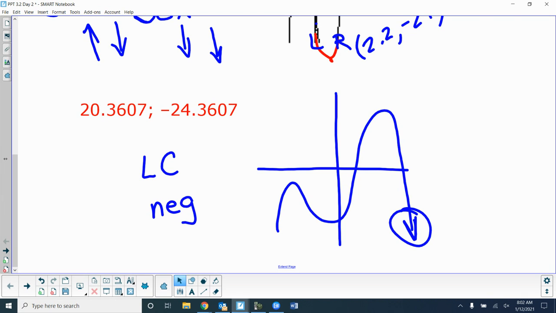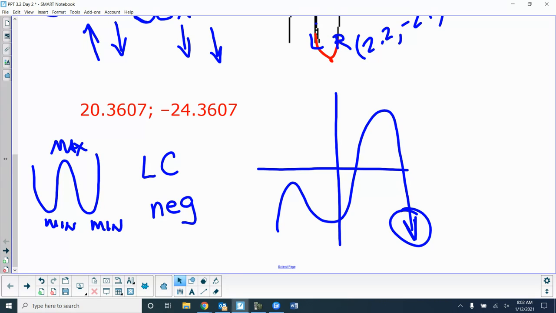For number 16, the max was 0.9, and there were 2 mins. Negative 2.2, negative 16, and positive 2.2, negative 16. So it looked like a W, I guess. Had 2 mins and 1 max.